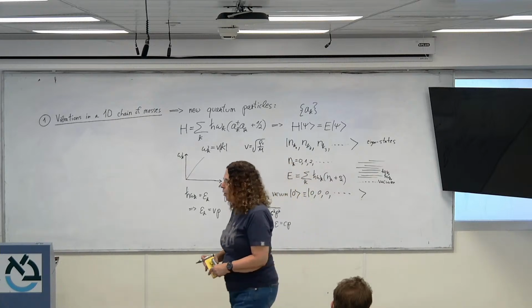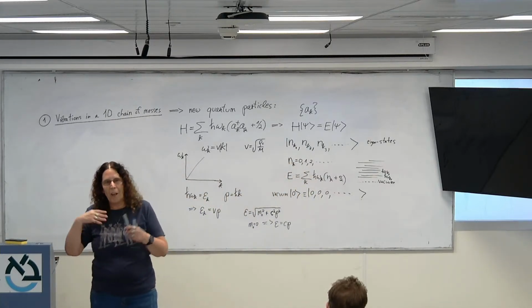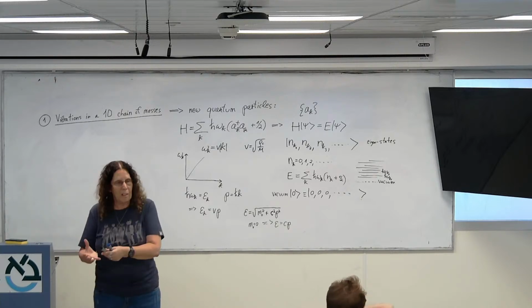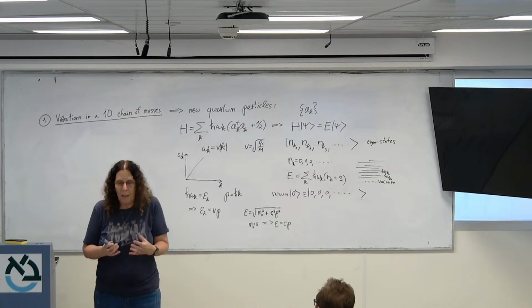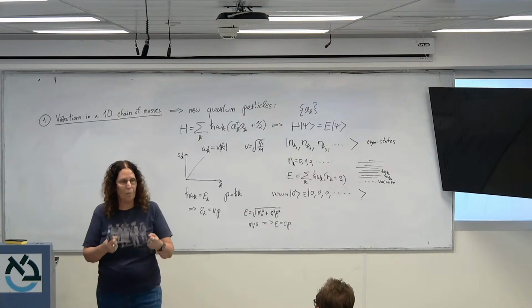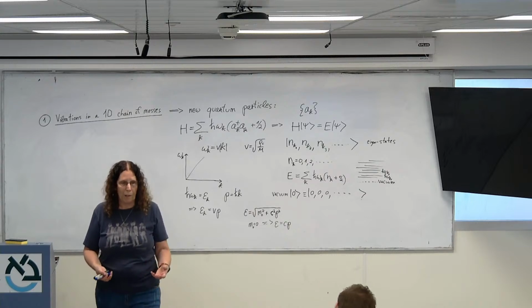Okay, so the behavior of these quantum particles is very different and not completely unrelated to the particles we started from. We started with particles like ions in a crystal that have a mass and are strongly coupled, but they are not good degrees of freedom because they are coupled.